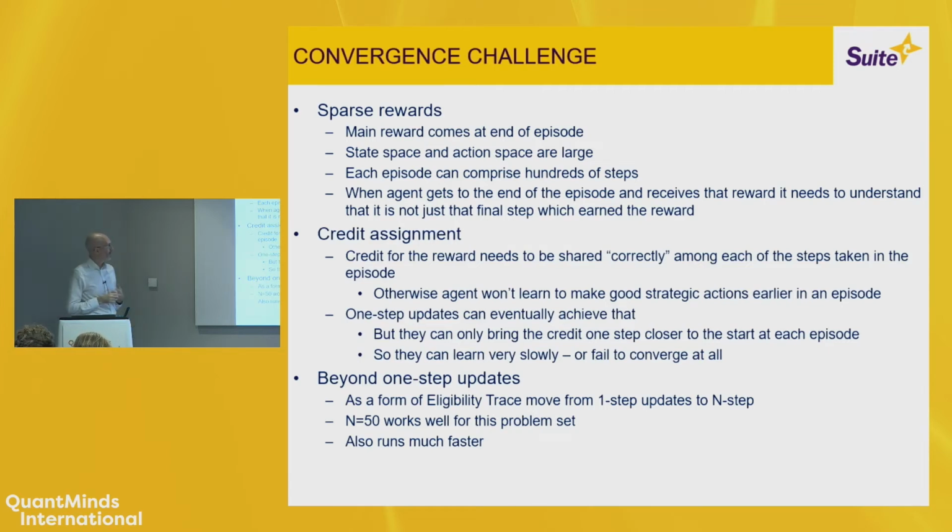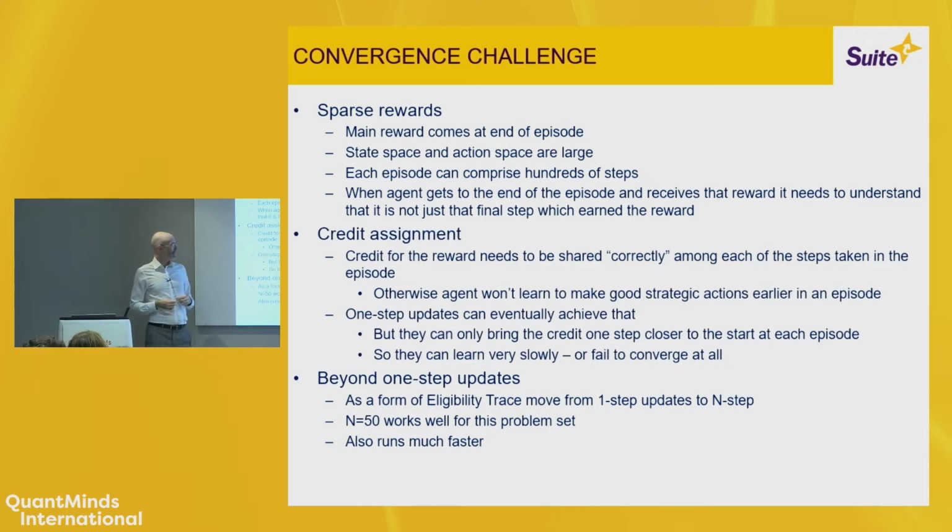That is basically a classic credit assignment problem, where the credit for the reward needs to be shared in some way among all the steps we took. And if we don't do that, the agent won't learn early in the episode to make good strategic moves, and then we just won't have good behavior.